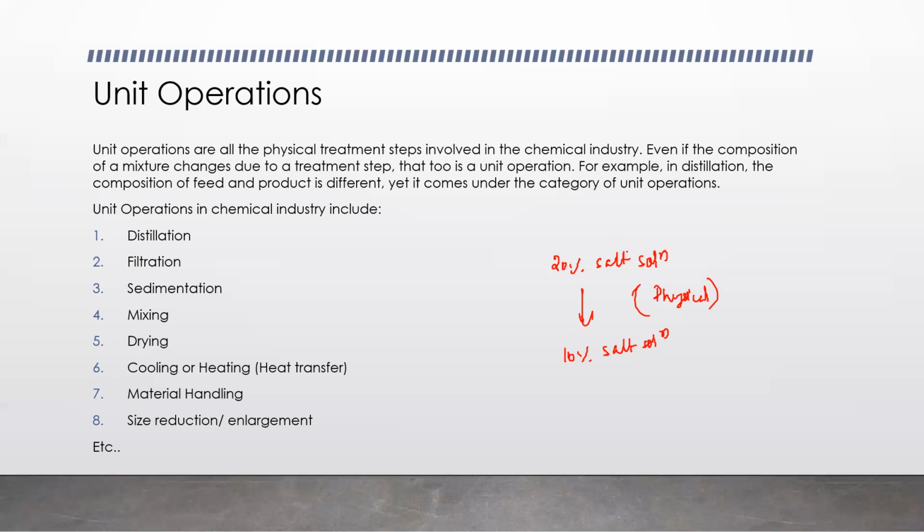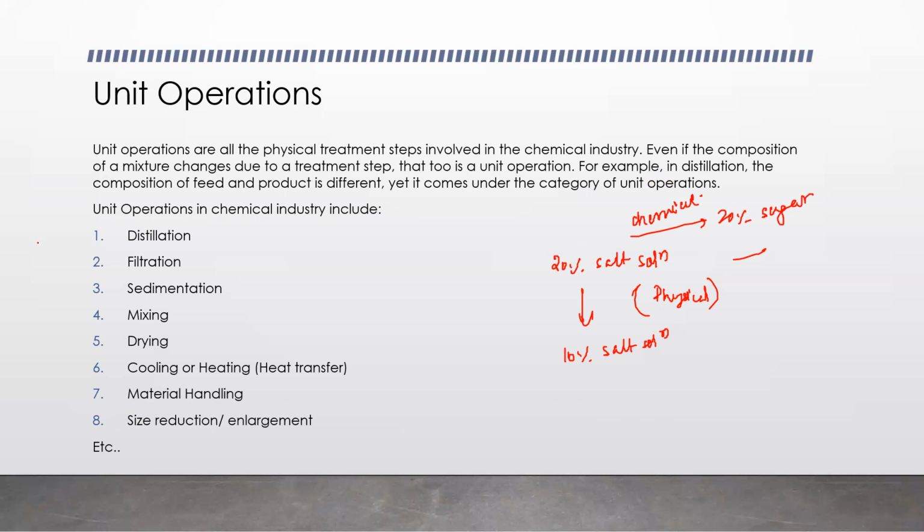For example, if you are making 20% sugar from 20% salt, that is nothing but a chemical treatment. Just changing the composition is not a chemical treatment step.